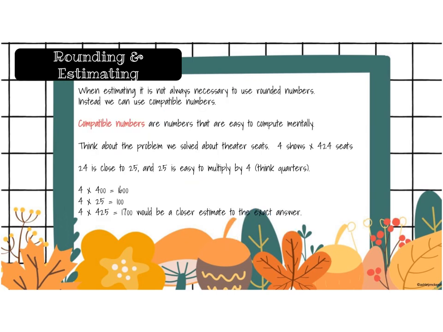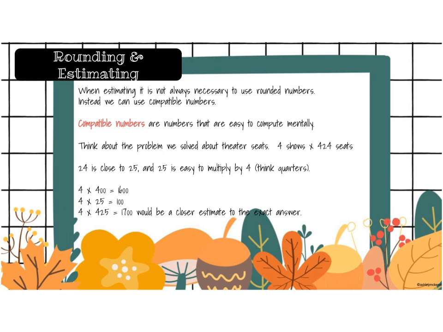Yes. Okay, when estimating, it is not always necessary to use rounded numbers. Instead, we can use compatible numbers. So sometimes you'll have numbers that you can join together, or you can round to a number that is close. So say, for example, you have 33 divided by 4. Well, 33 is really close to 32, and 32 can be evenly divided by 4.